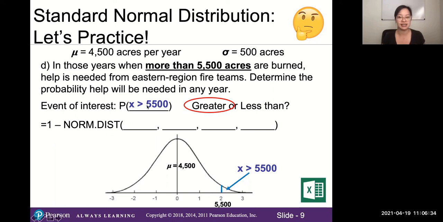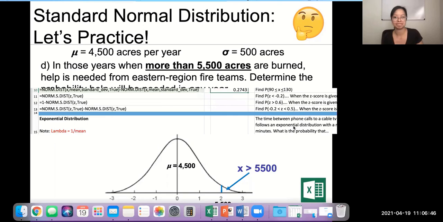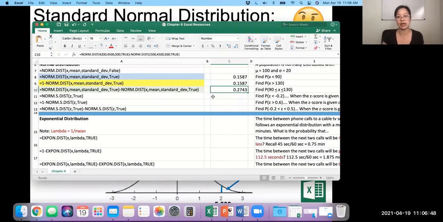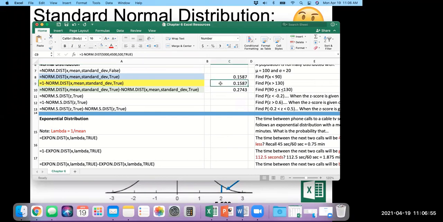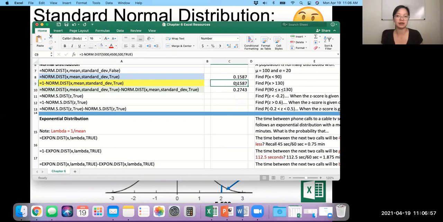Our X is that 5,500 and everything else is still the same. Now the nice thing is we had already worked with this formula earlier in part A. So you have 2 options, right? You could just click on the box where you had the formula previously, and you could just change out the X, save yourself some time with typing it all out.